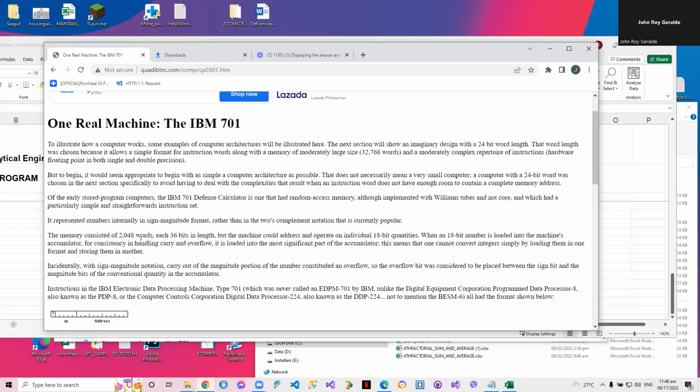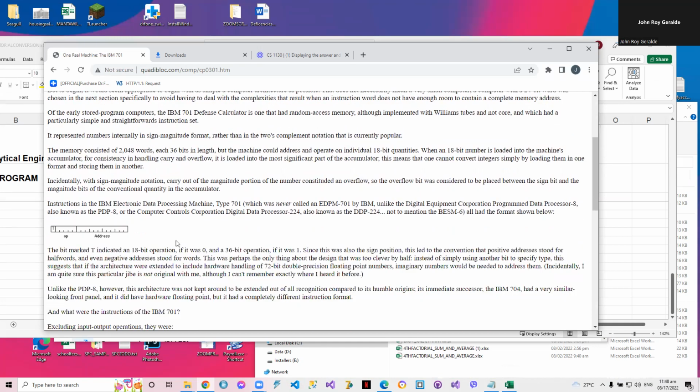The memory consists of 2 kilowords, each with 36 bits length. Operate on individual 18-bit quantities, which means that the numbers are 18 bits. But the instructions, did it say?